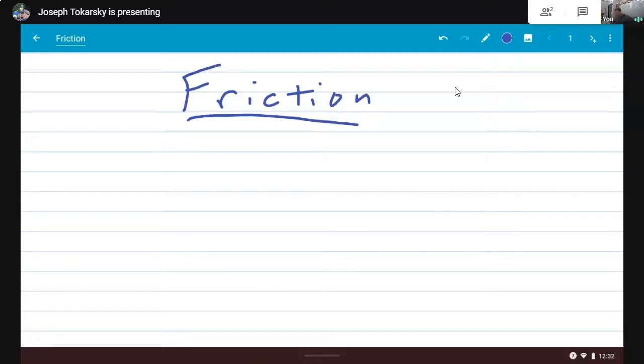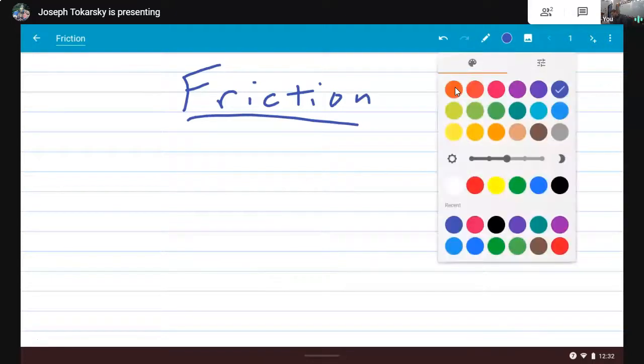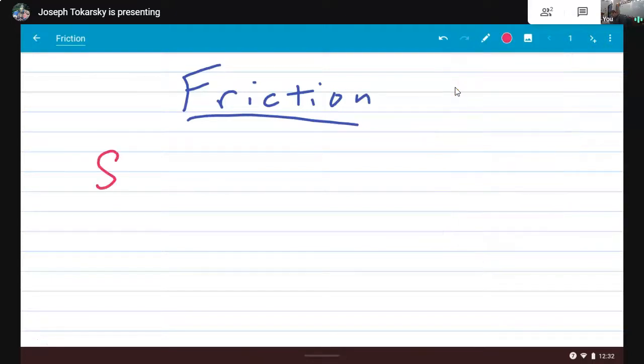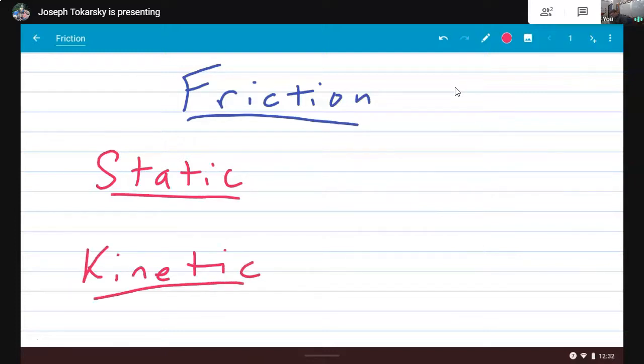Number one, there's two types of friction, and it comes in two forms: static friction and kinetic friction. And just to define these briefly, and we'll explain more in a second with some simulations to look at, static friction we consider non-sliding friction.